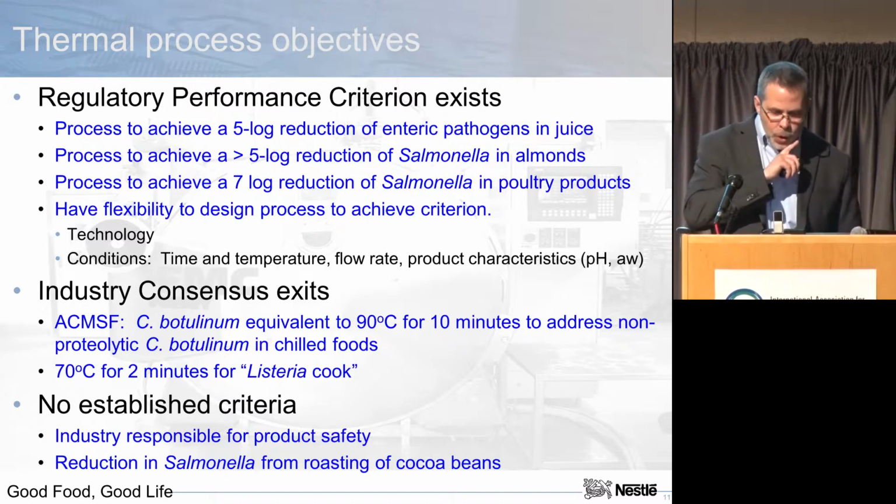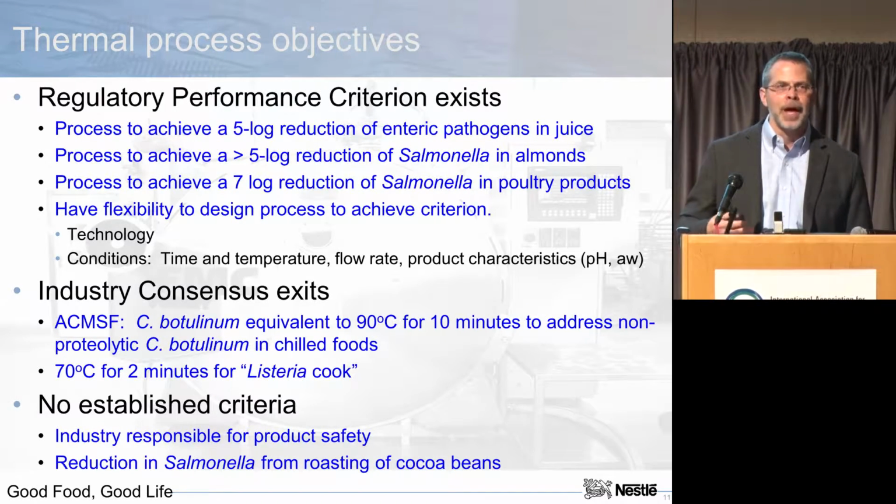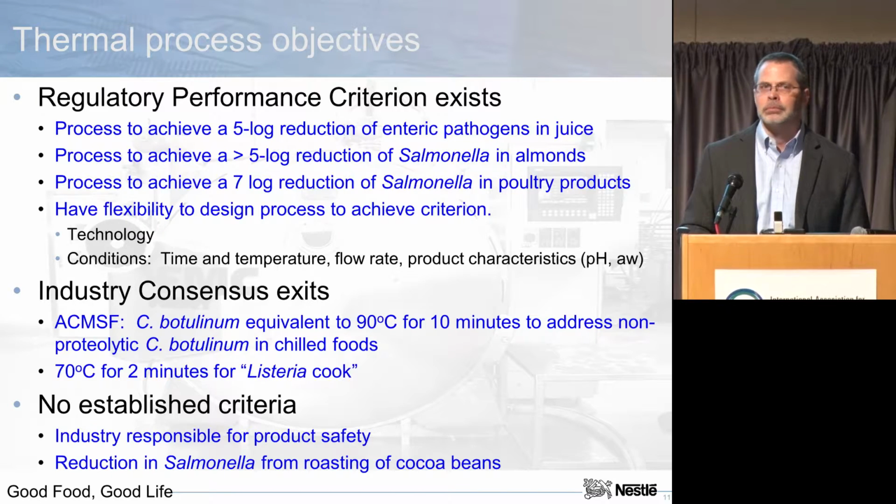Again, if there's no established criteria, industry is responsible for safety. I just want to point out that there is no regulatory criterion specifying an absence of Salmonella in chocolate. But we all know that we can't have Salmonella in chocolate because of the risk. So I don't need a regulator to set that criterion for me, but to know that that's what I need to manage. And I don't manage it only because a regulator establishes a criterion for me.